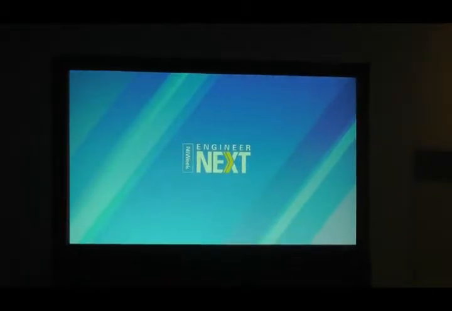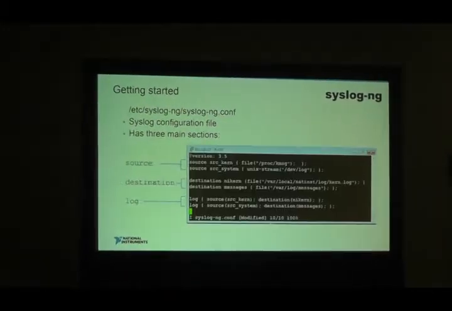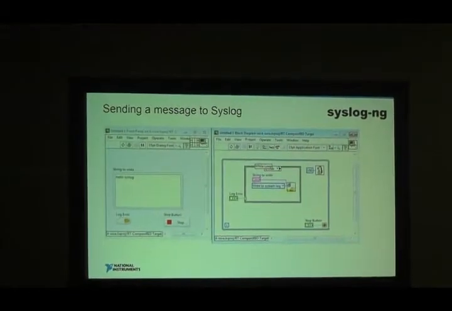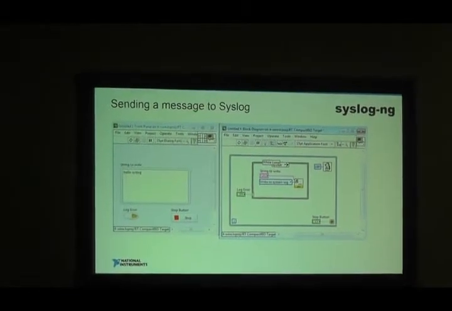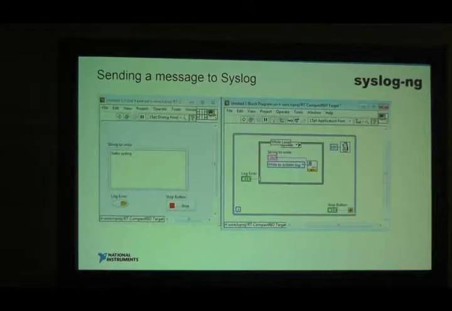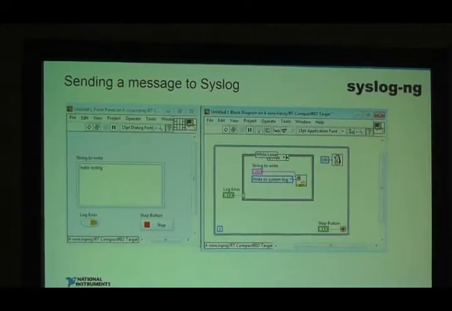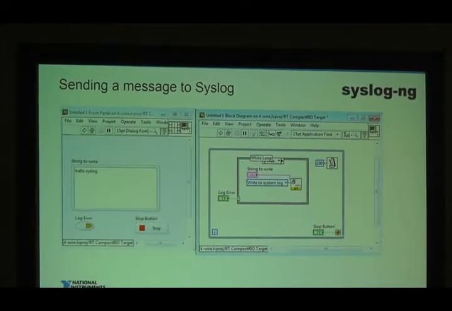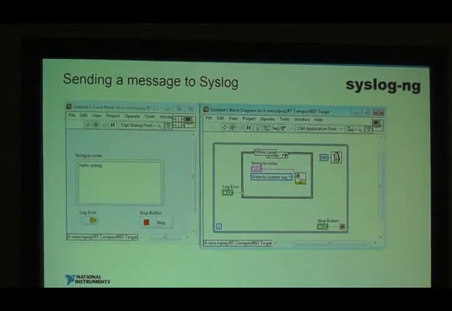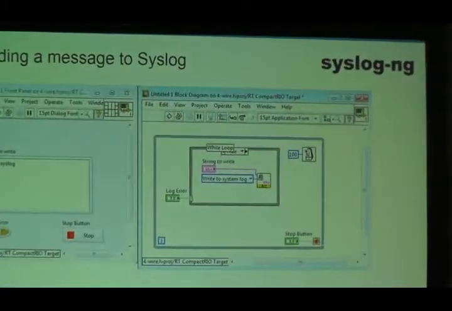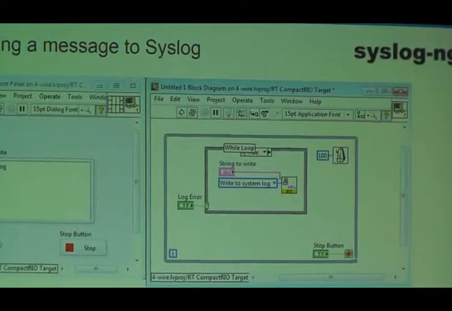Just to recap, when it comes to sending messages to Syslog, let's say you're trying to leverage Syslog in your LabVIEW application, you basically have two ways. You can use the RT debug string to send a message to Syslog with simple code.